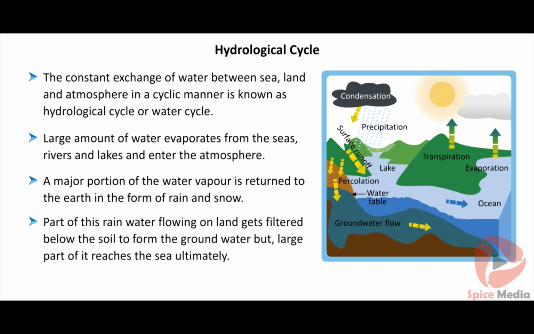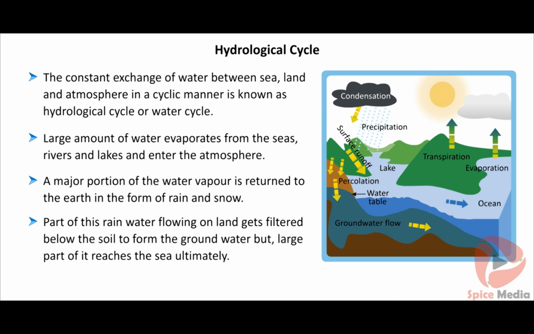This water flows on the land and reaches the sea ultimately. Part of this water also enters the groundwater due to infiltration. In this way, the water in different forms gets circulated between different sources, forming the water cycle. Thus, the water changes its forms and maintains a balance in the earth.